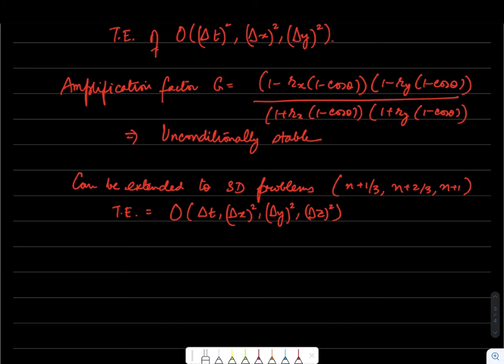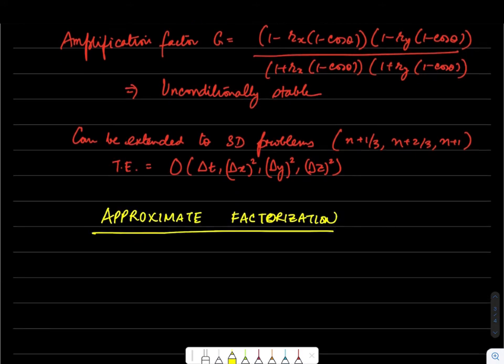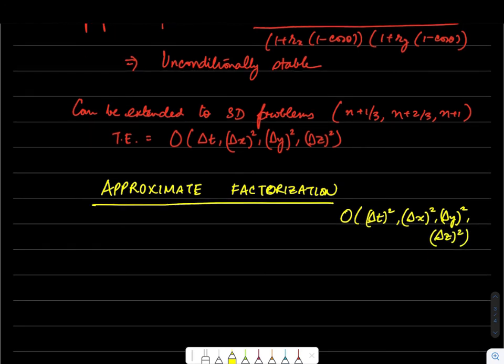This scheme is what is called approximate factorization. So this scheme will have an order delta t square accuracy and delta x square, delta y square, and delta z square in space, and it would also be unconditionally stable.